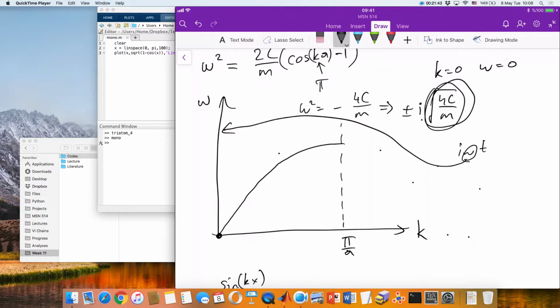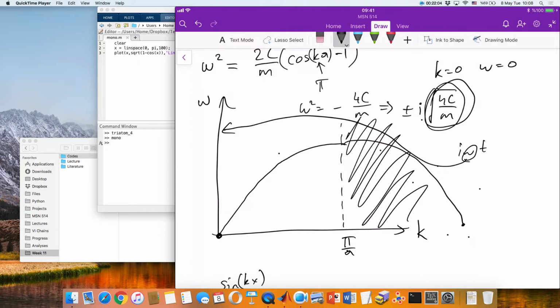Are you following, everyone? Very good. Now, if I were to continue this, it would go like this, right? But it would have no meaning after this point. Can you think of the reason?